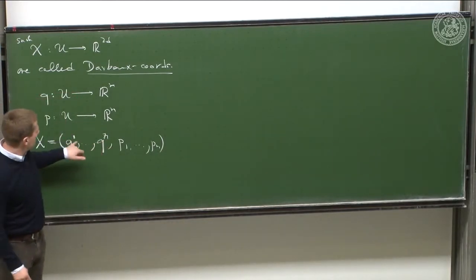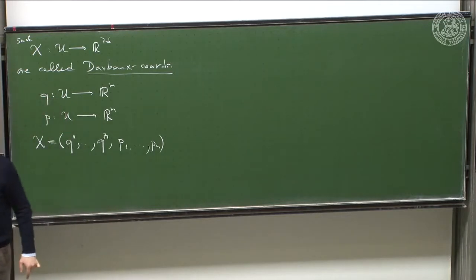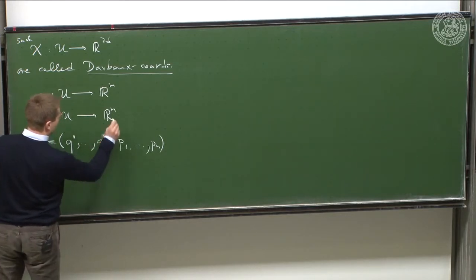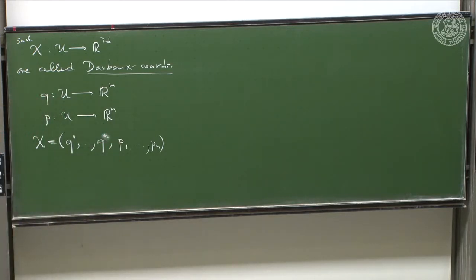We agree to label those up and those down, and this is just a convention, but obviously by now you have a feeling for why we would like to do that. So the usual QP split has to do with having these Darboux coordinates. This is just a name for these 2 different parts of the coordinates, right?